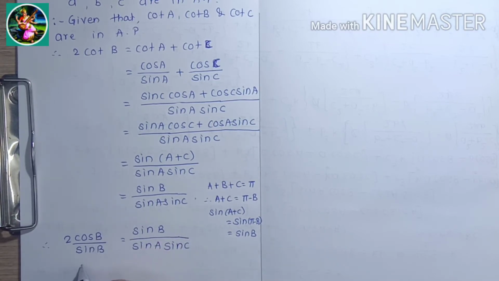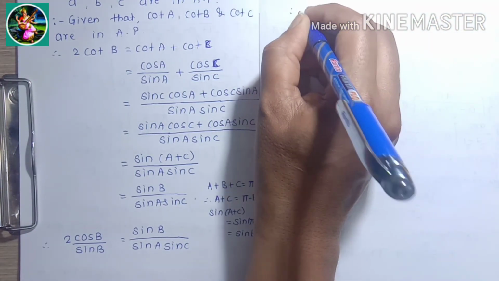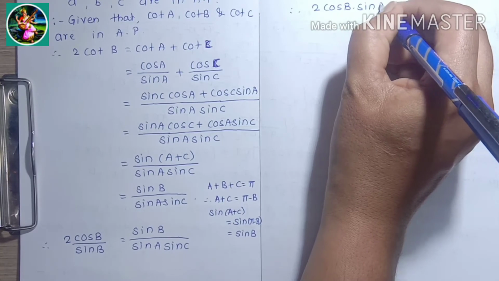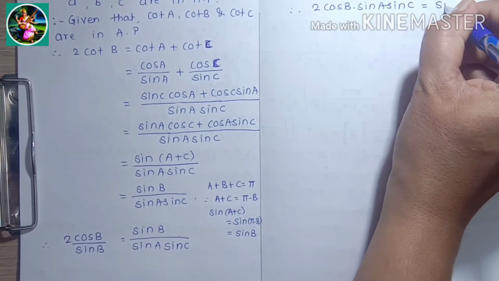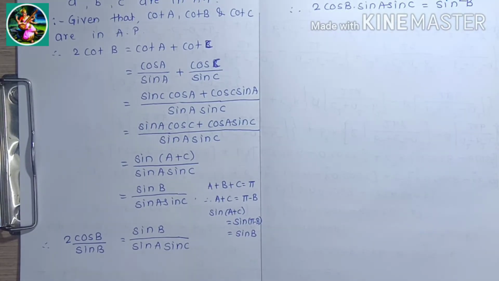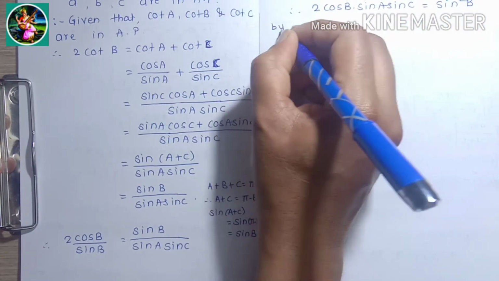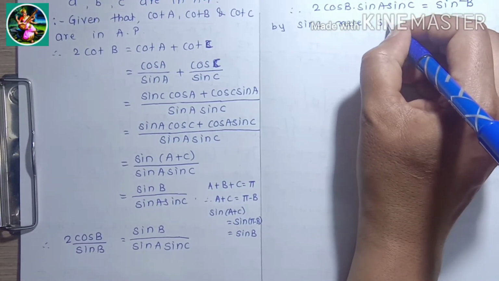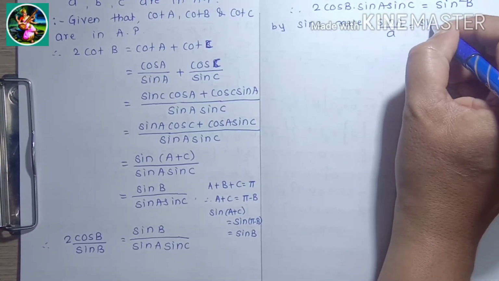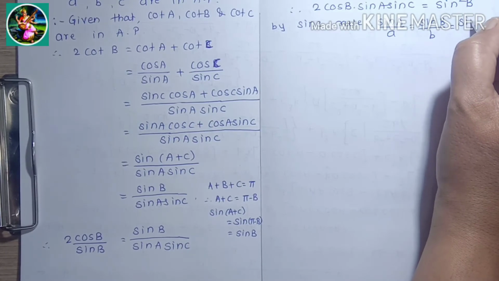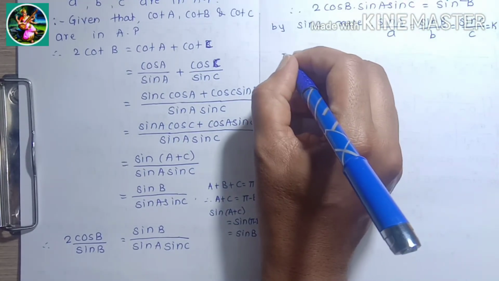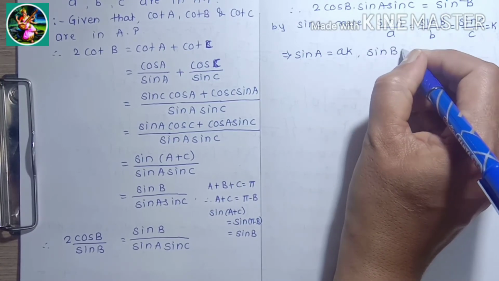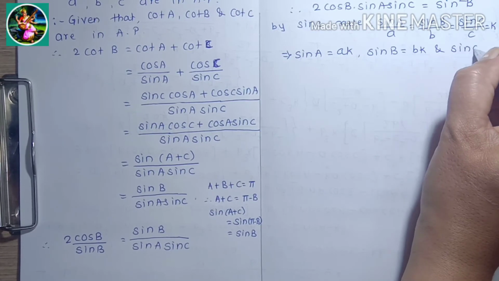If we take the cross product, here we get 2 cos B into sine A sine C is equal to sine square B. And by sine rule, we know that sine A divided by a is equal to sine B divided by b is equal to sine C divided by c is equal to k, and this gives sine A is equal to ak, sine B is equal to bk, and sine C is equal to ck.